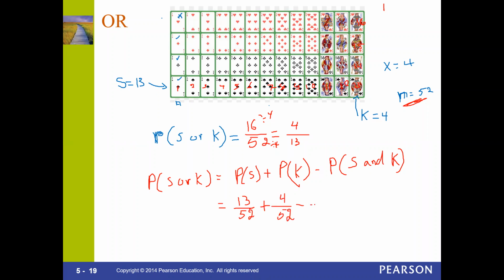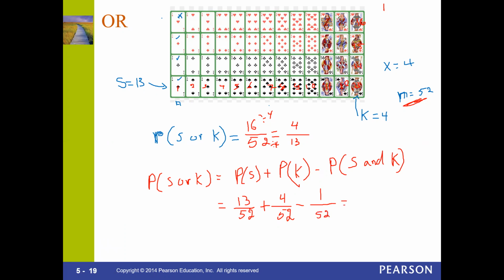How many king of spades do we have? You only have 1 king that is the king of spades. You cannot have 2 kings. So you only have 1 out of 52 cards, the king of spades.